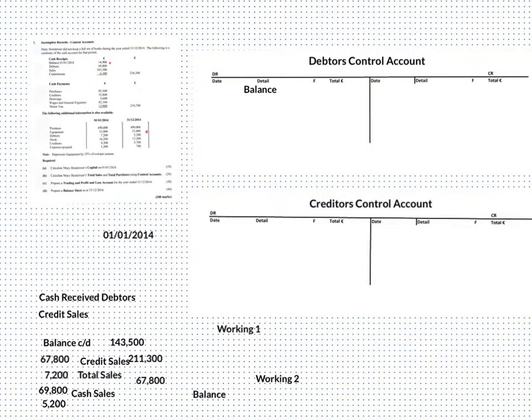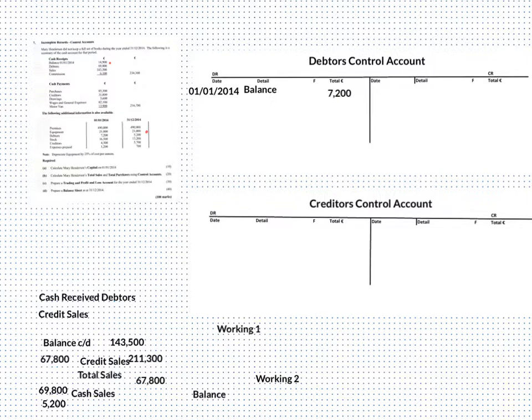I'll move that up here so we have the date and keep the neatness. We need the opening balance, so for the 1st of the 1st, 2014, we go down to debtors. Our opening balance is 7,200. It's always an easy place to start, and it's easy to pick up marks.